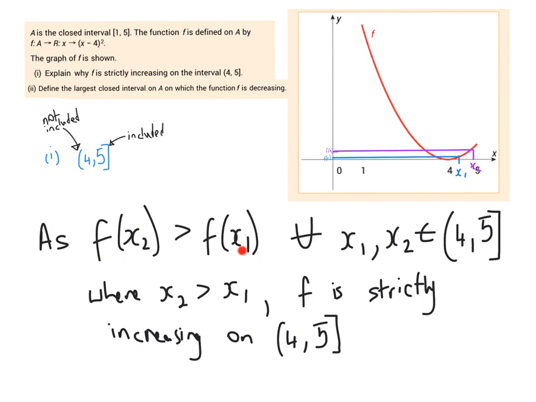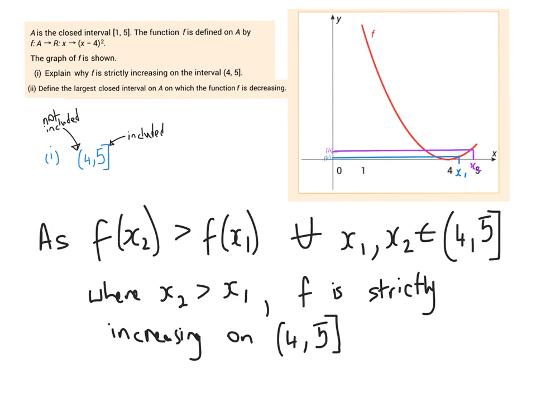So because this is strictly bigger than the other. Okay? If this symbol was included, then 4 could also have been included in that, and it would have been an increasing rather than a strictly increasing function. Okay, so that's that part shown.